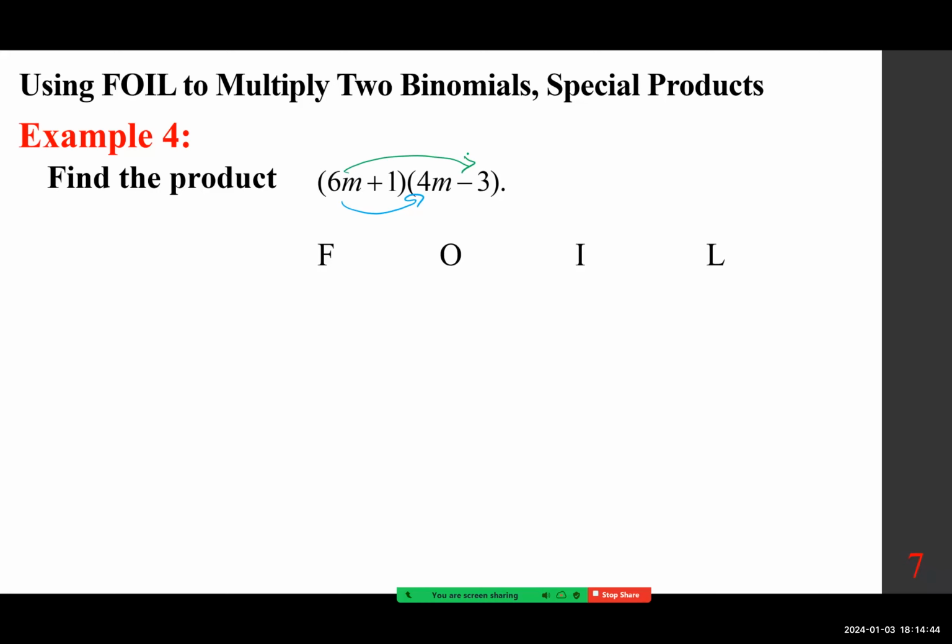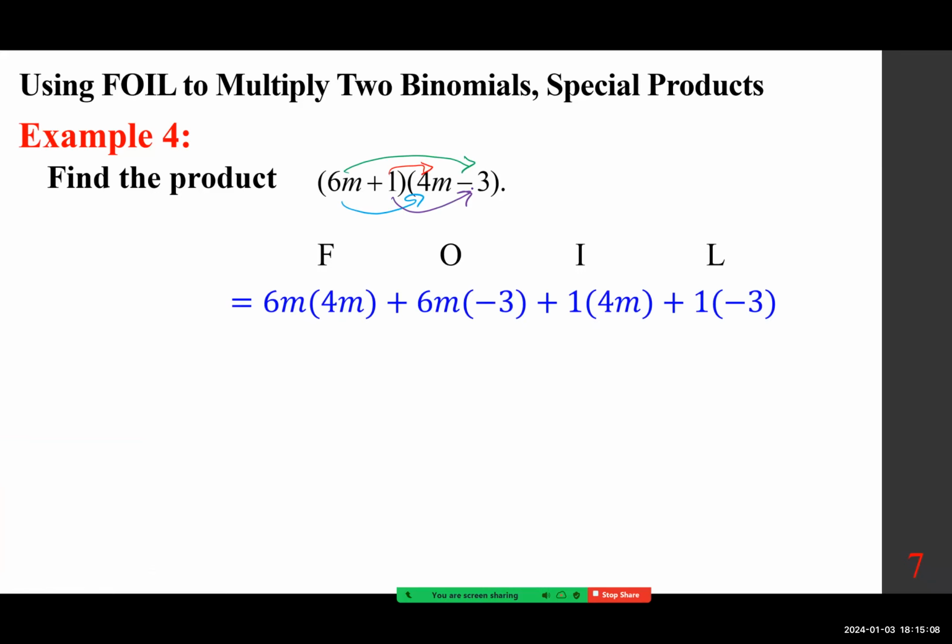These two would be the outers. These two would be the inners. And this would be the lasts.